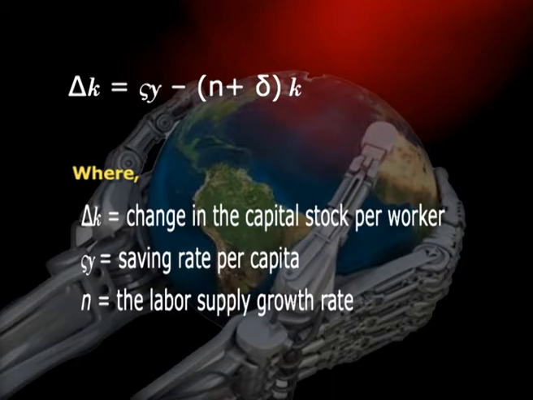The equation for the change in the capital stock per worker will then be delta kappa is equal to sigma into gamma minus n plus small delta into kappa, where delta kappa is equal to change in the capital stock per worker, sigma into gamma is equal to saving rate per capita, n is equal to the labor supply growth rate or the population growth rate.